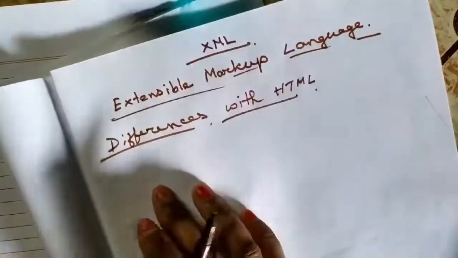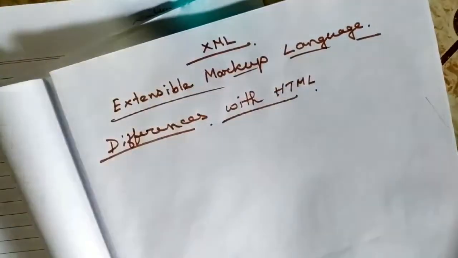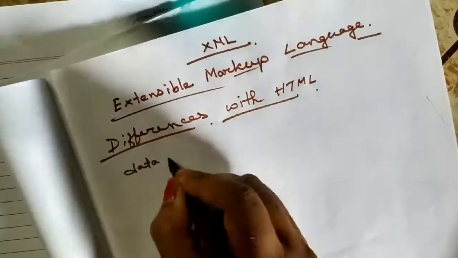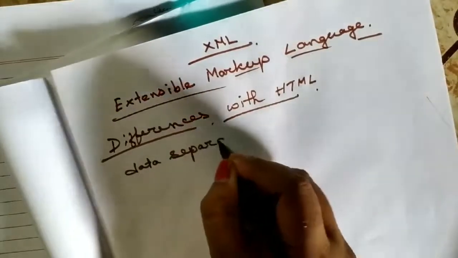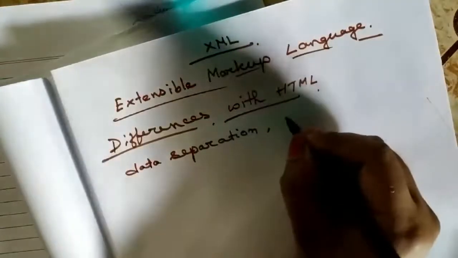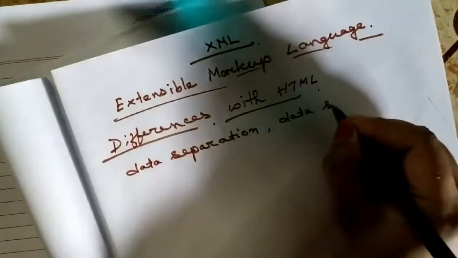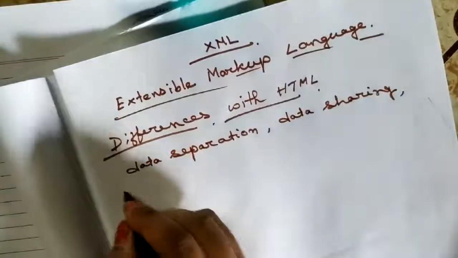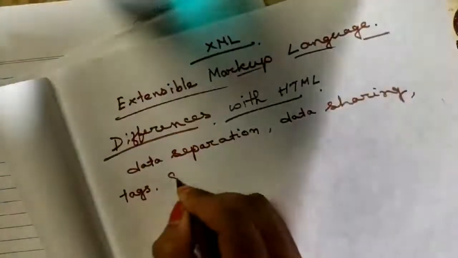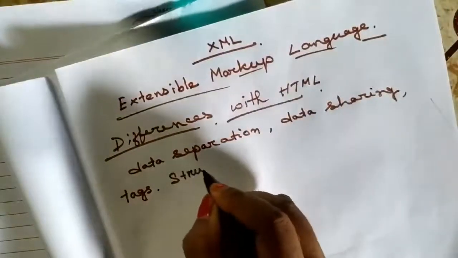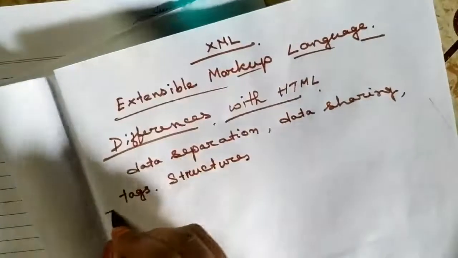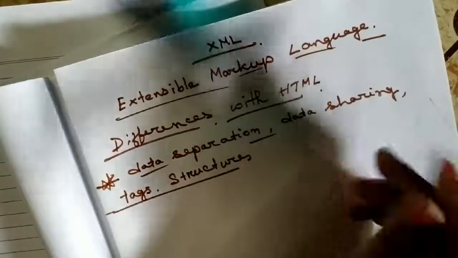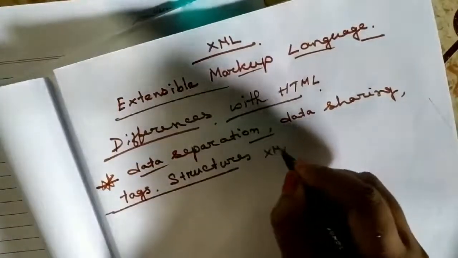A few things: data separation, then data sharing, then tags, structure. These are some differences of XML and HTML.